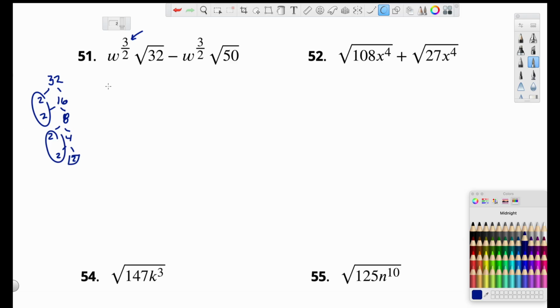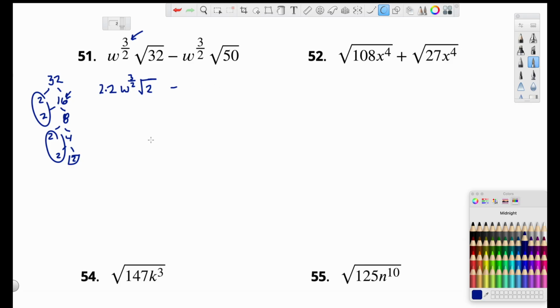So a 2 comes out, another 2 comes out, and then I have this w to the 3 halves here, and then this lone 2 has to stay under the radical. It did not pair up to come out. So 2 times 2 is 4, and I hope you see that in this part, the square root of 16 is 4, and then that odd 2 would have stayed in.